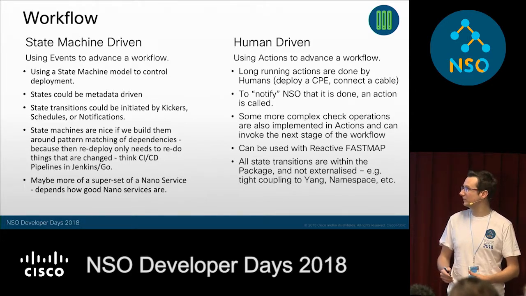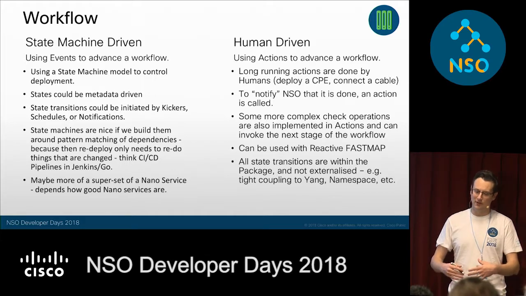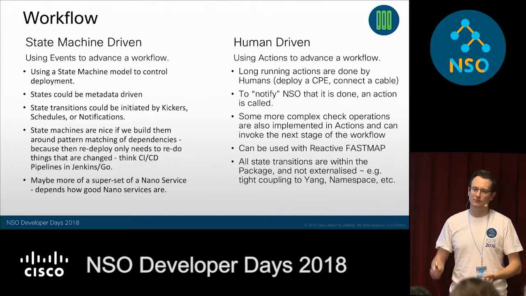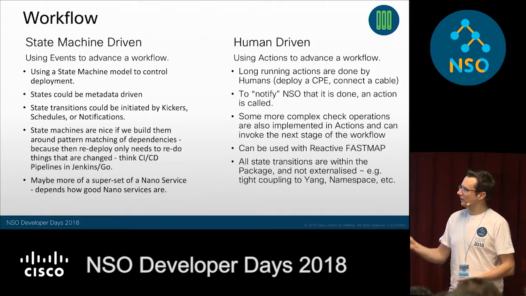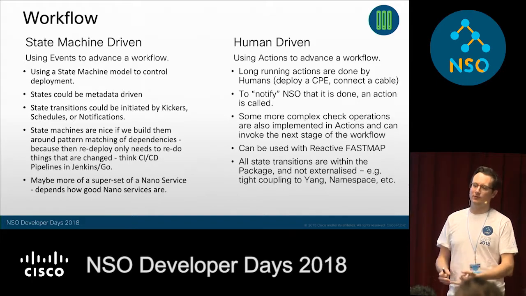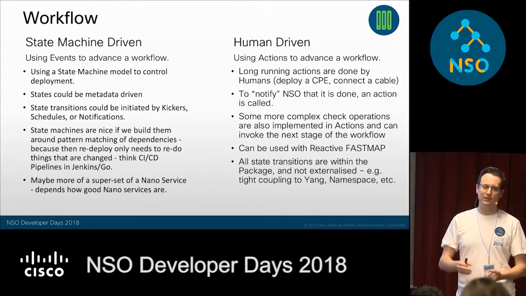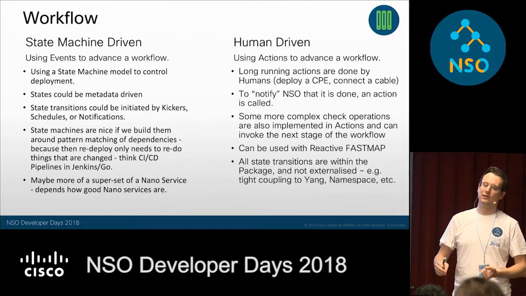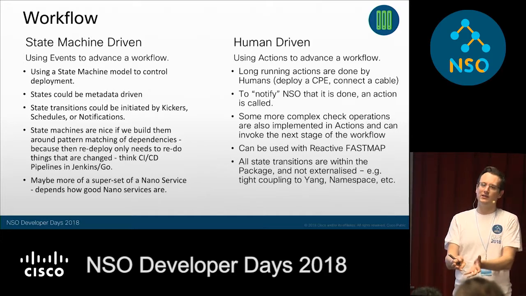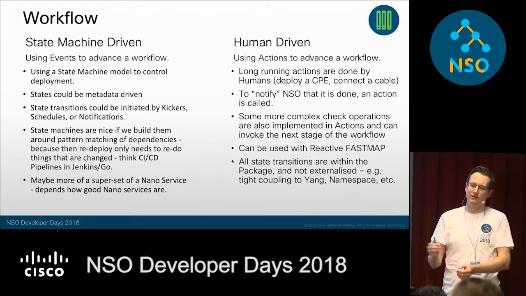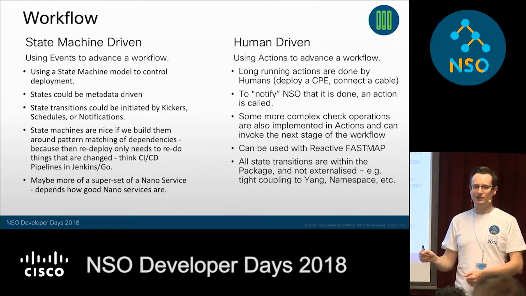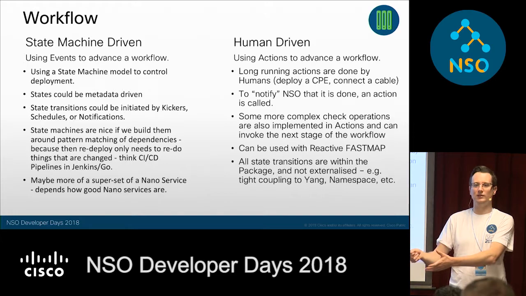If you're doing something that's very much driven by events that happen in the network, by VMs, by whatever, we can use the state machine approach. Have a state machine. I'm going to push a VM to the network through ESC. I've got a state now that is basically waiting for ESC to come back. ESC sends the notification back. This is a new state transition to a new state, which is deployed day 0 config.